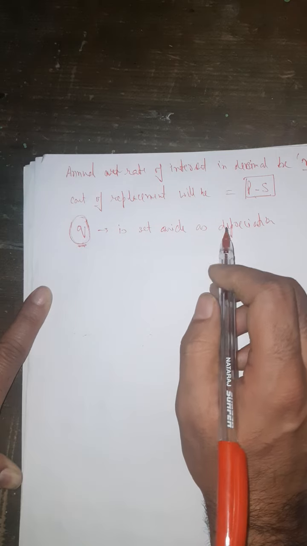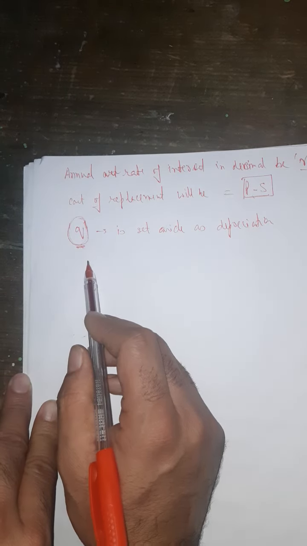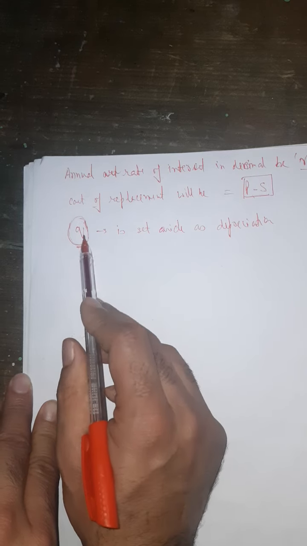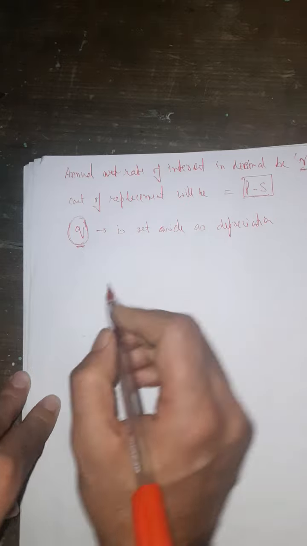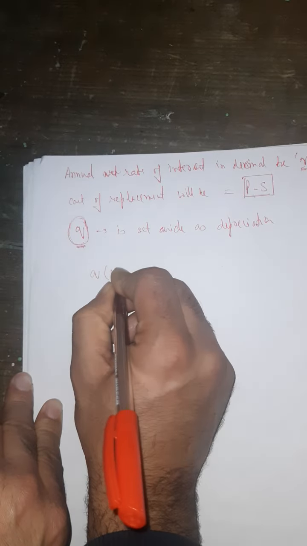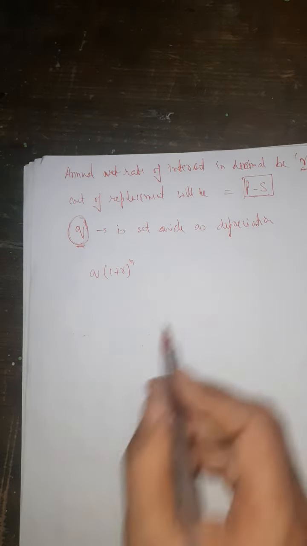So an amount equal to Q at annual interest of R will become equal to Q into (1 plus R) raised to power n at the end of n years.